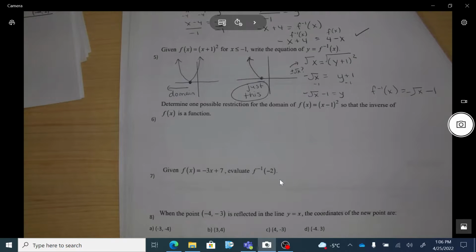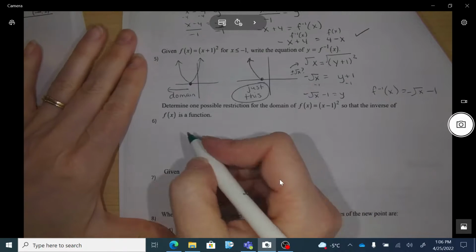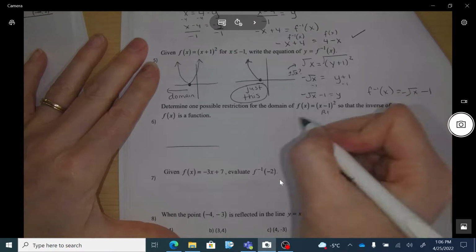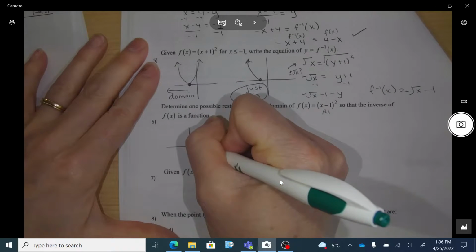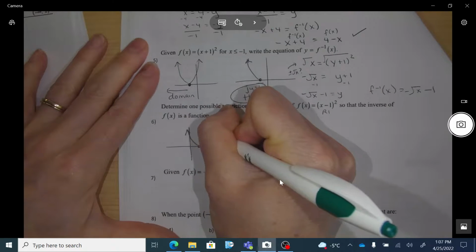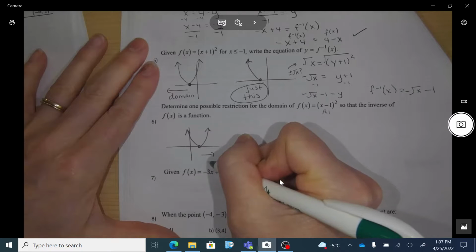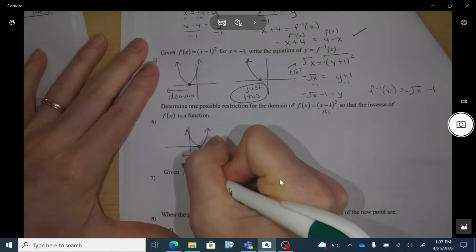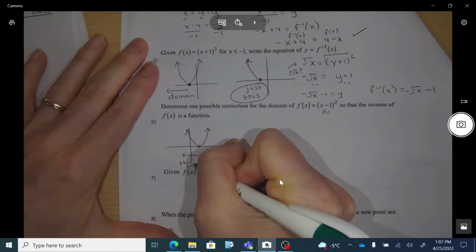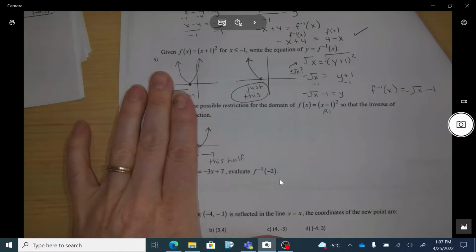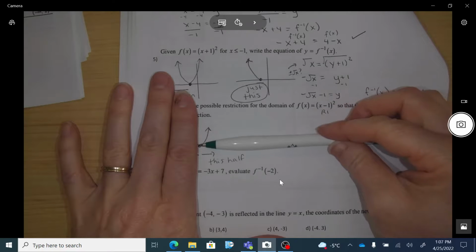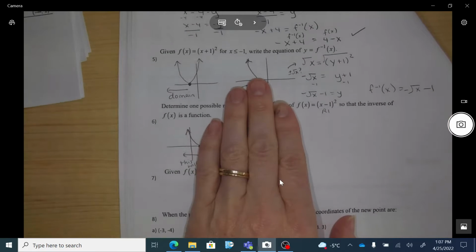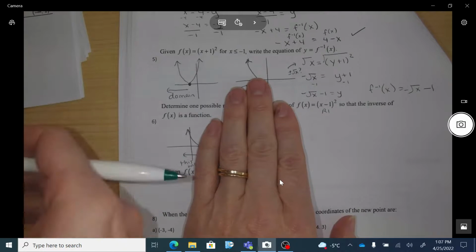Determine one possible restriction for the domain. So the inverse is a function. So this is a right one shift on a parabola. So you either have to take this half or this half, so that when you take that half, it's going to pass the horizontal, so the inverse will pass the vertical, or you could be taking that half.